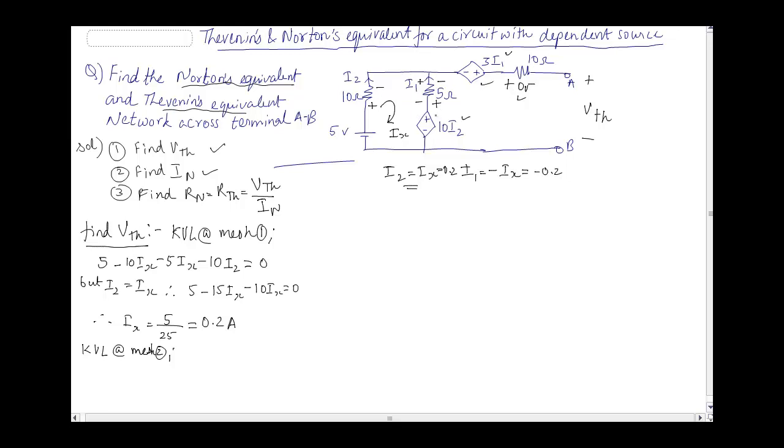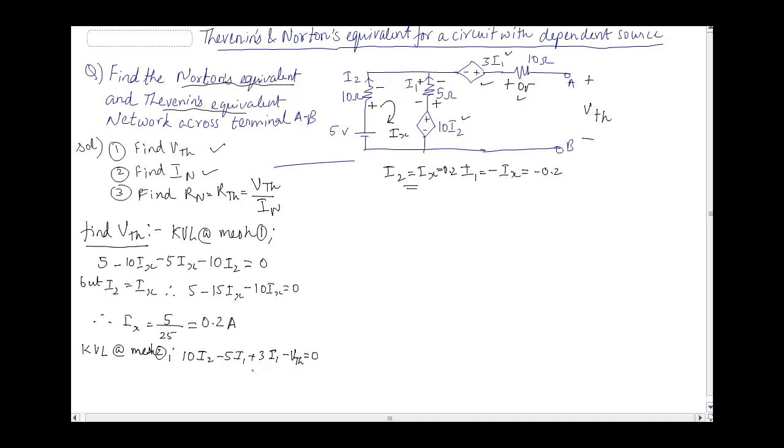So let me write from the front of the component: plus 10 times I2 minus 5I1 plus 3 times I1 plus 0 minus VTH is equal to 0.